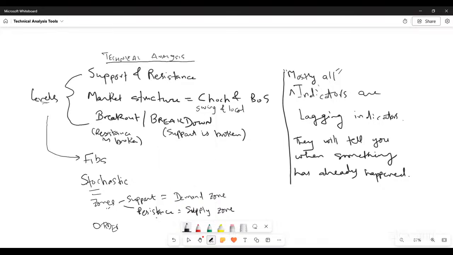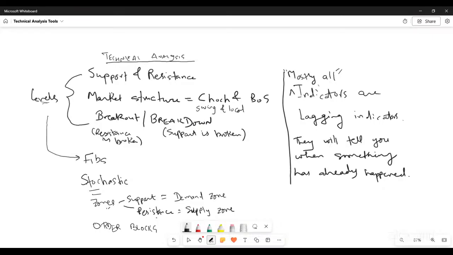Order blocks and zones can be very similar. Slight difference: in order blocks, you're actually looking at the order flows, where a lot of orders come in. For that, you have to look at the order books, some other tool that can show you at which price there are a lot of buyers coming in and all that. So you can predict an order block.